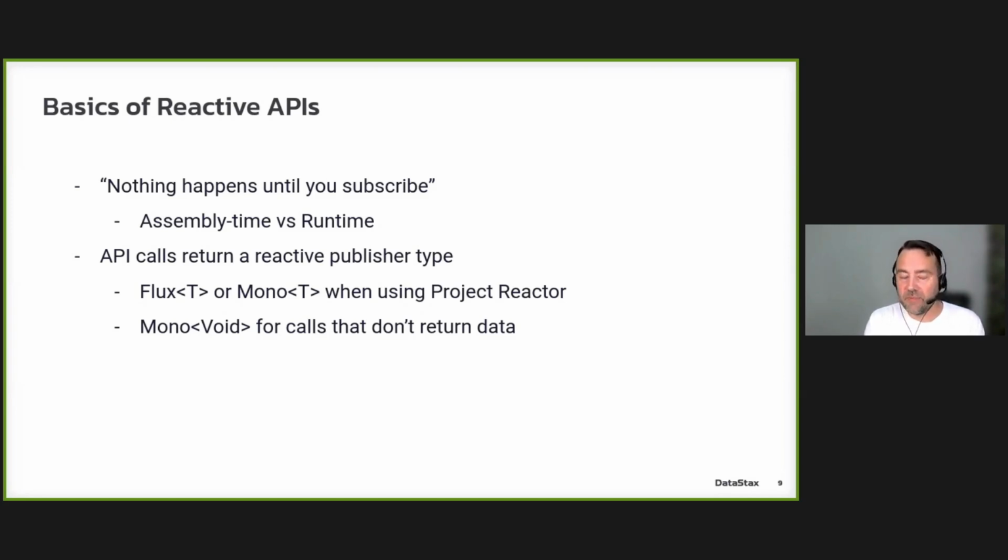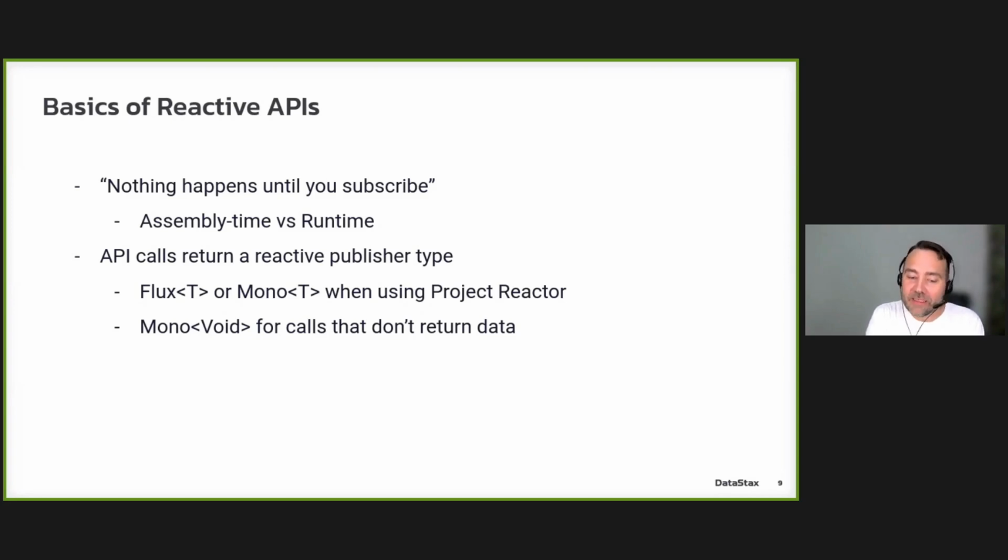This is very hard to understand intuitively, and this is the part where the learning curve is very steep in reactive programming. But eventually it's a simple thing: when you do an API call, it shouldn't be doing any work. Nothing happens until you subscribe.